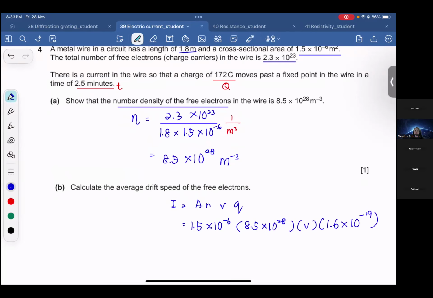We don't have I, what to do? So you have to think how to find I. V equals IR or Q equals It. So here we have the Q, and we have the time.